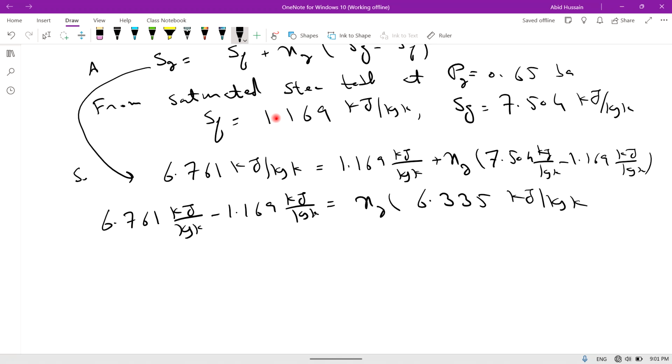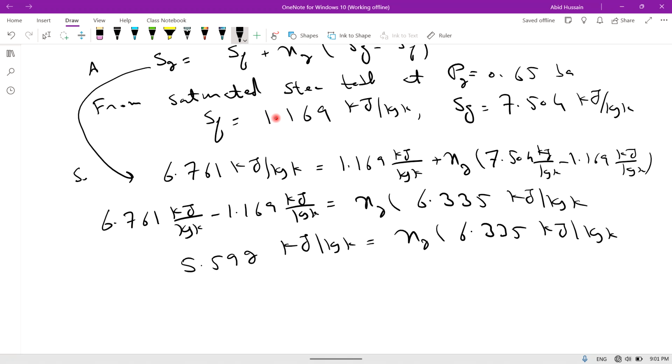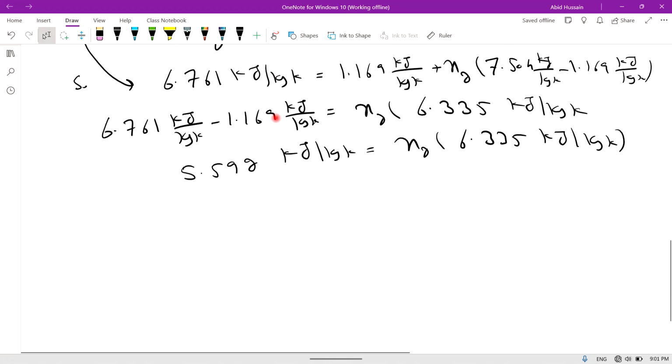Now the difference of 6.761 and 1.169 is equal to 5.592 kilojoule per kilogram per Kelvin, equal to X2 into 6.335 kilojoule per kilogram per Kelvin. Now divide both sides by 6.335.